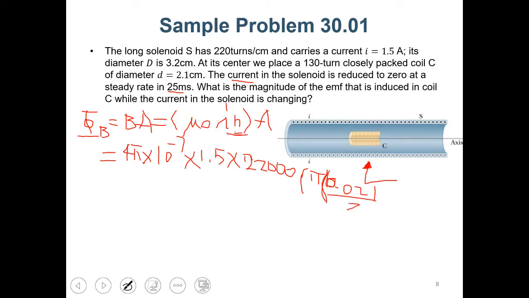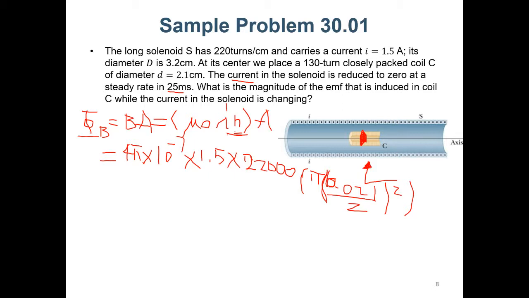0.021 over 2 squared, which means it is the magnetic flux across this small coil, the magnetic flux for the coil C. And D is the diameter, so 0.021 divided by 2 is the radius.